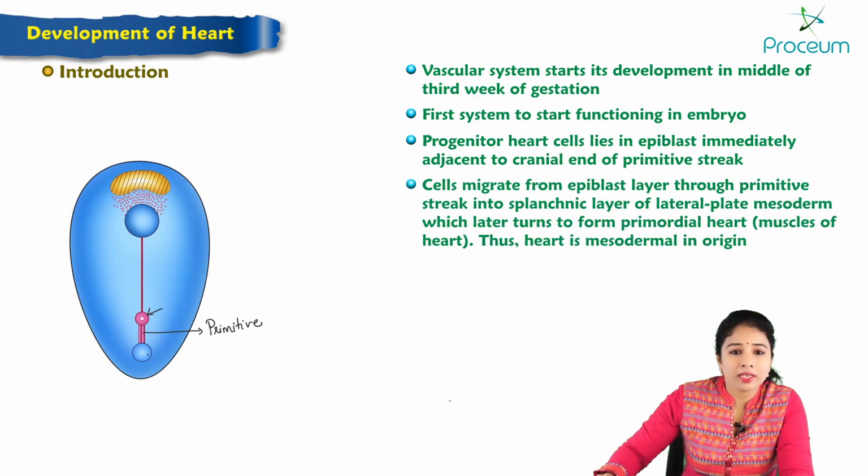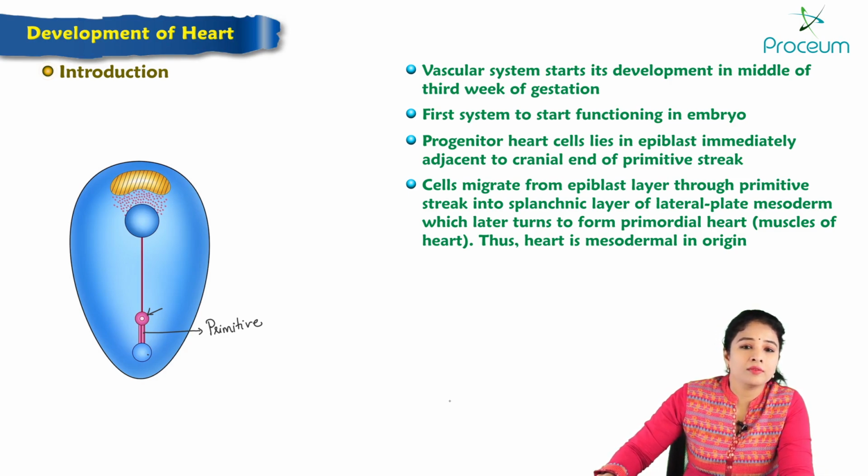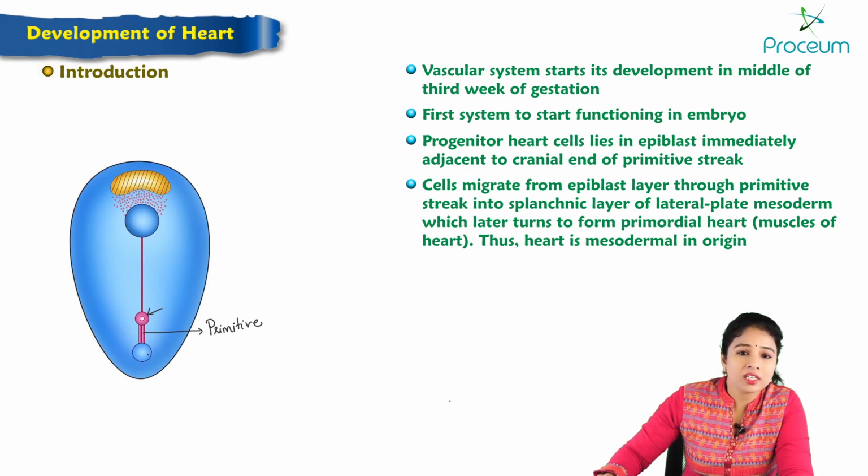The cells migrate from the epiblast layer through the primitive streak into the splanchnic layer of lateral plate mesoderm. So the epiblast cells, which later form the ectoderm, will travel into the splanchnic layer of lateral plate mesoderm, which later turns into the primordial heart, which forms the muscles of the heart.